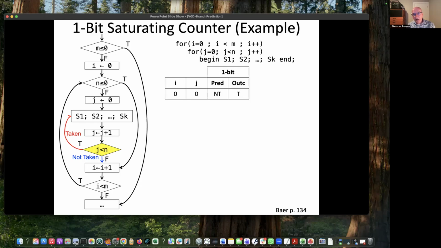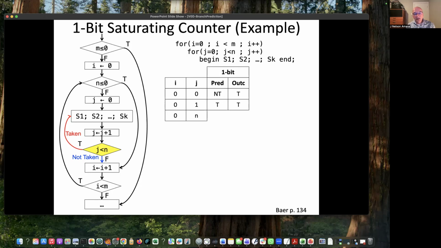The outcome is taken. So that was a misprediction. Now, when I get to iteration 1, the last outcome was taken, so my prediction will be taken and my outcome will be taken. And as long as I'm executing this loop, before I get to the end of the loop, for every iteration I'm going to have the same thing. I'm going to be predicting taken and the outcome will be taken.